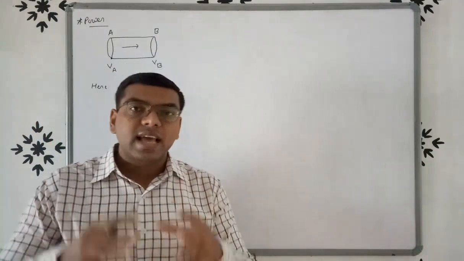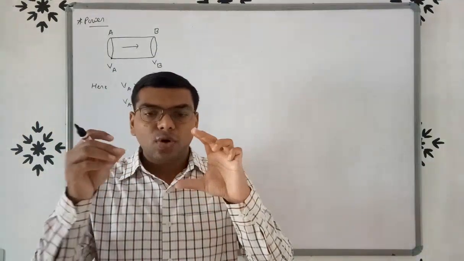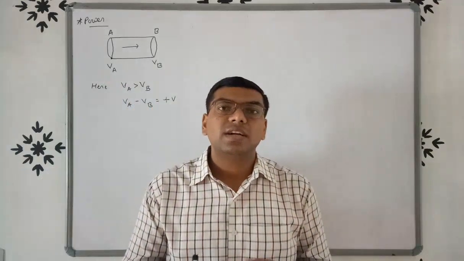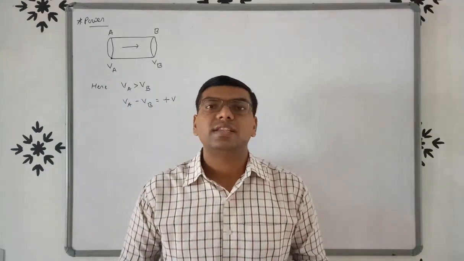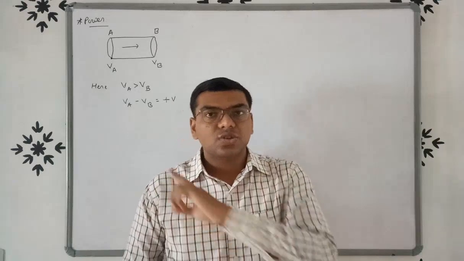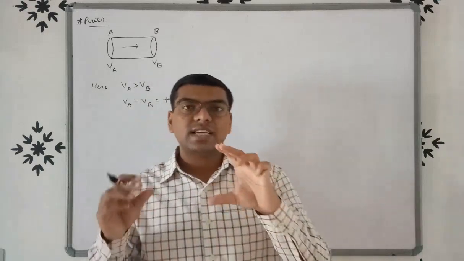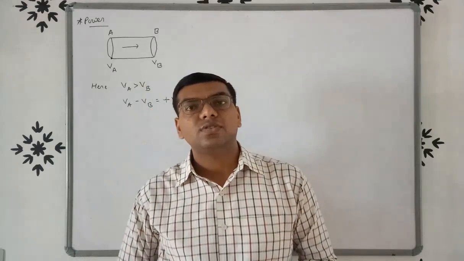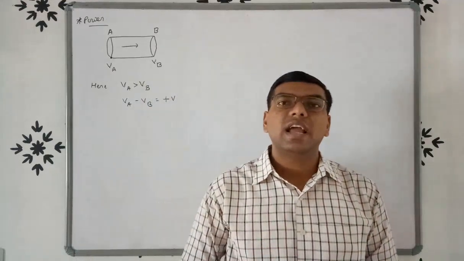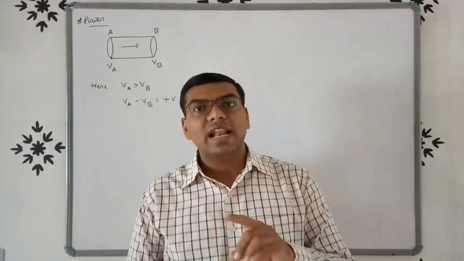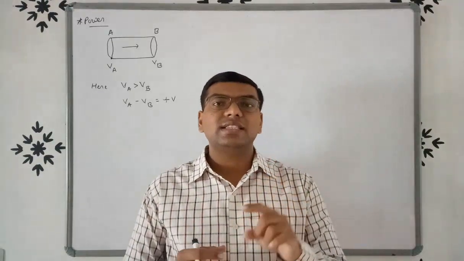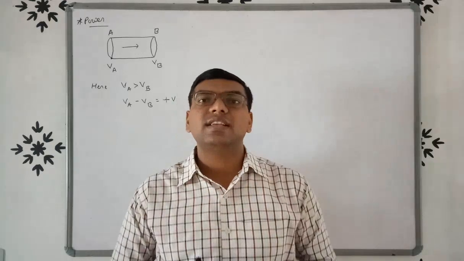Now what happens? As there is a flow of current in the conductor, we know that current is the motion of charge. So in this case the charges are in motion and the charge is negative. The negative charge is the electron. So the electrons are in motion, and we know that in a conductor there is a collision between electrons and ions.